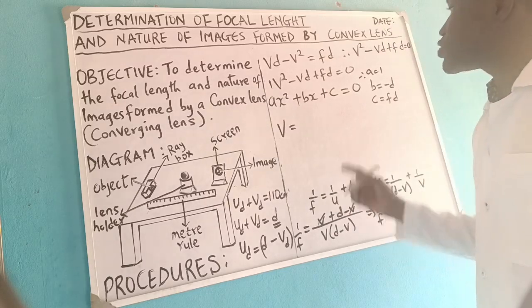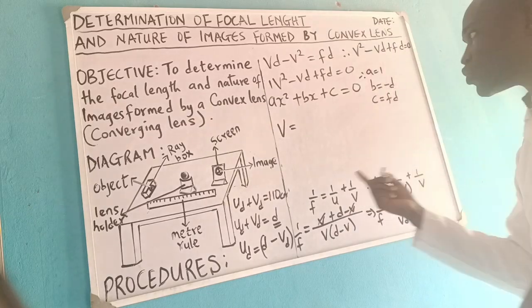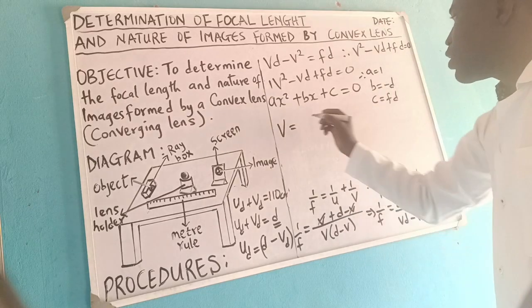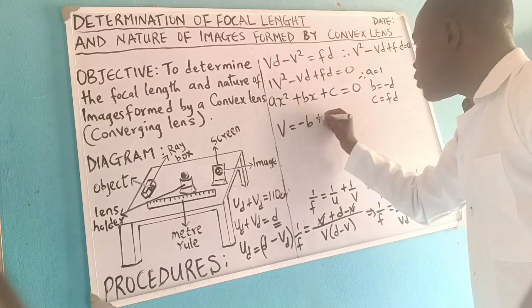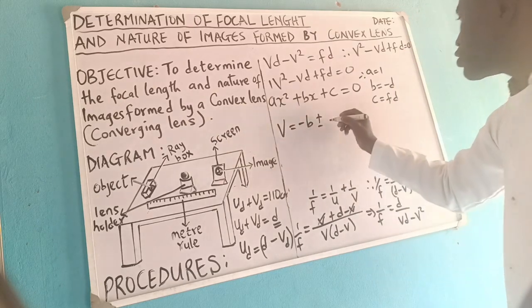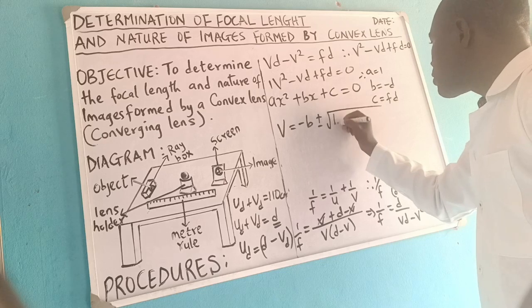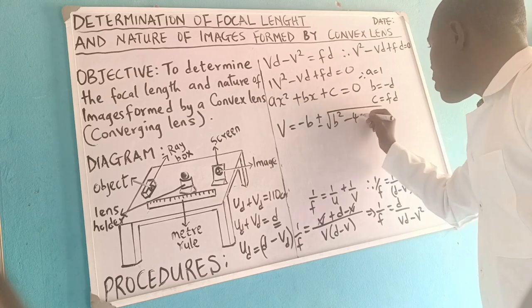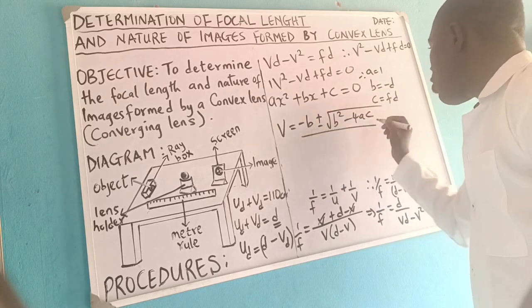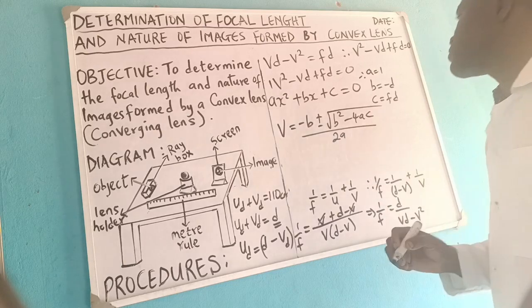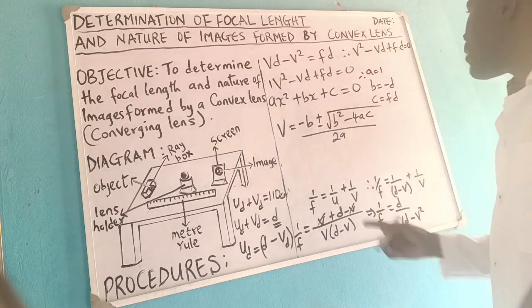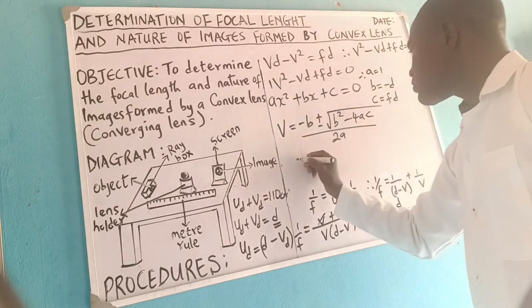Because instead of saying x equals, we say v equals minus b plus or minus the square root of b squared minus 4ac all over 2a. Then what is our b? Our b is minus d.